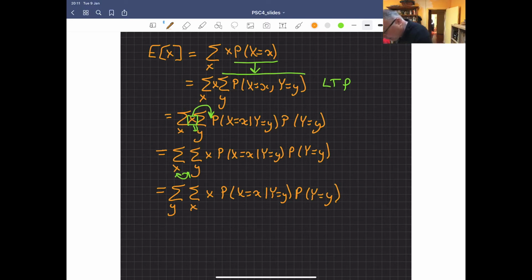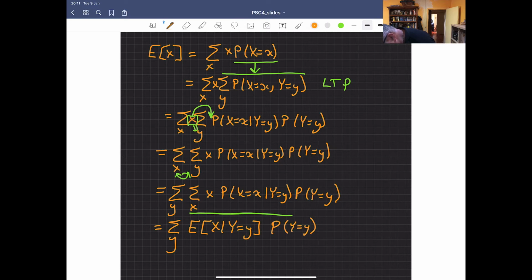Now, I want you to have a look at this term here. This is the summation over all x of x times the probability X equals x given Y equals y. That is by definition our conditional expectation. So we've got the summation over y, and I can rewrite this whole thing as the expected value of X given Y equals y. If you go back to the first slide, that's what that is defined as. And finally we've got our probability Y equals y.